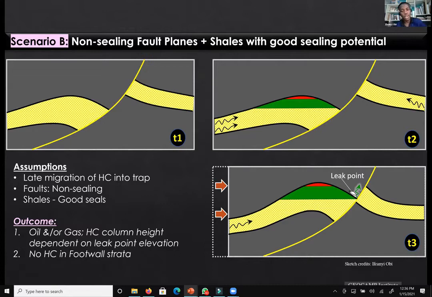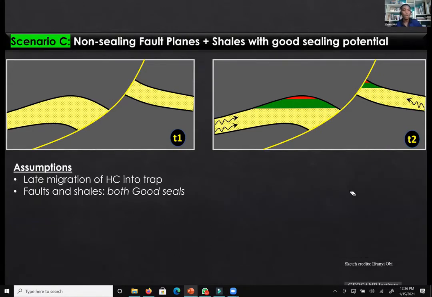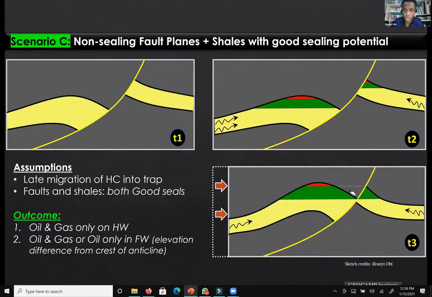So if we imagine another scenario where we have sealing fault planes, I guess this is different from the previous one, and the shales also have good sealing potential. That works for us because even with the crustal shortening in that area, we still have hydrocarbon trapped on both sides.